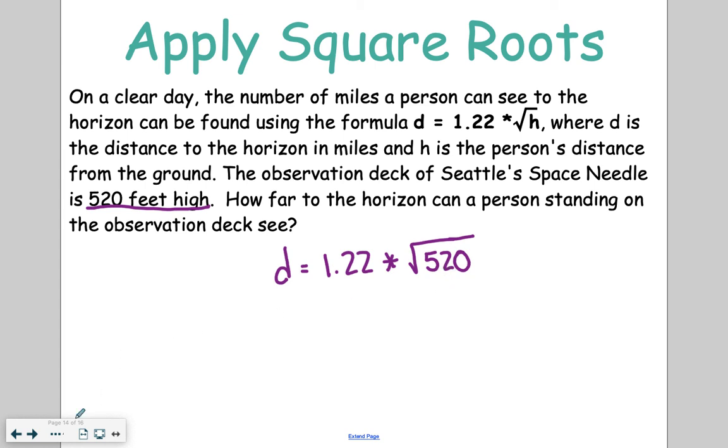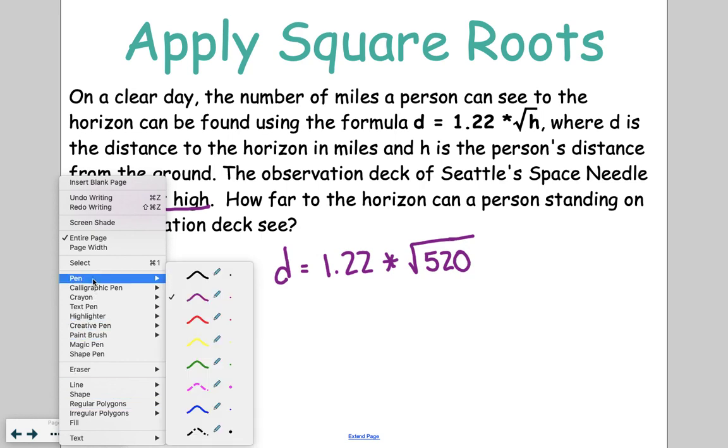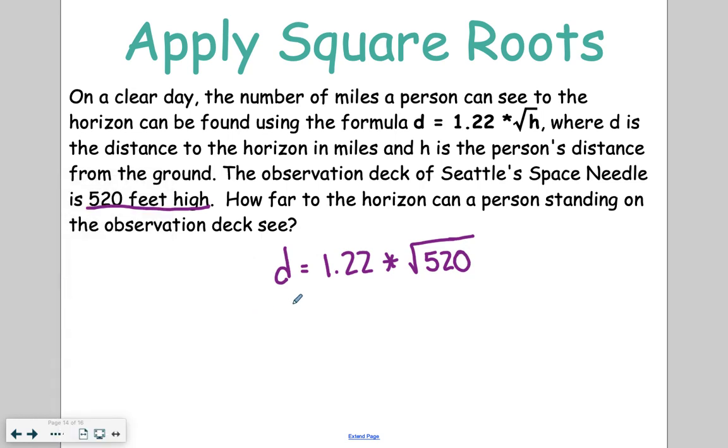So you would solve the square root of 520, and you would get 22.803, etc. Now, you can write down a rounded answer here, but you don't want to clear it out of your calculator.